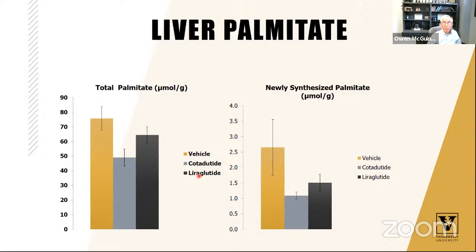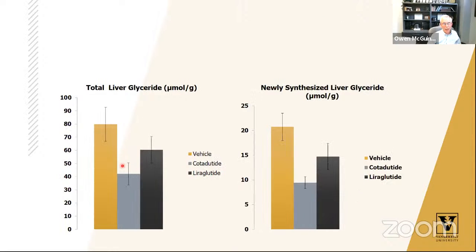But notice both liraglutide and coraglutide both tended to give you less de novo lipogenesis. And it's also a small number relative to the total palmitate in there. So this newly synthesized palmitate is a small fraction of the total amount of lipid that was esterified in the liver. And it's most obvious when we look at the next slide.